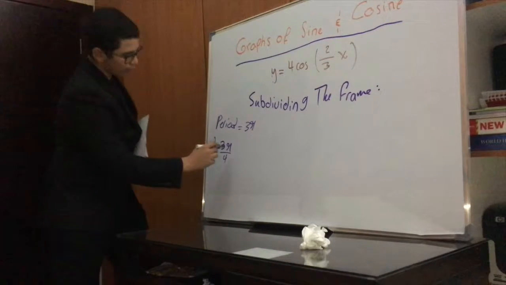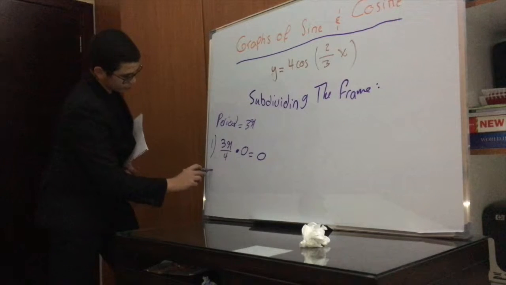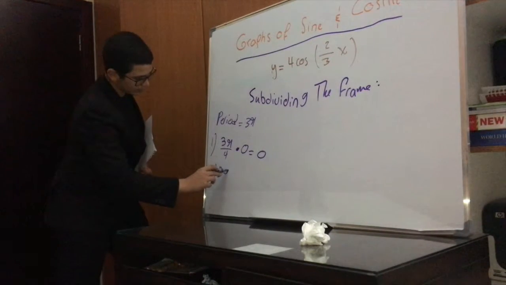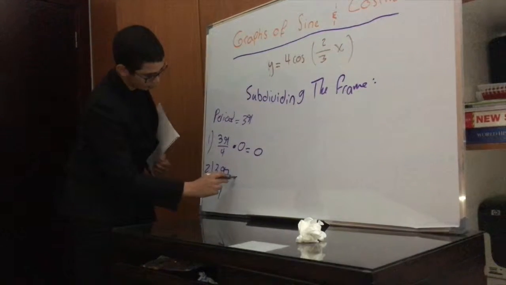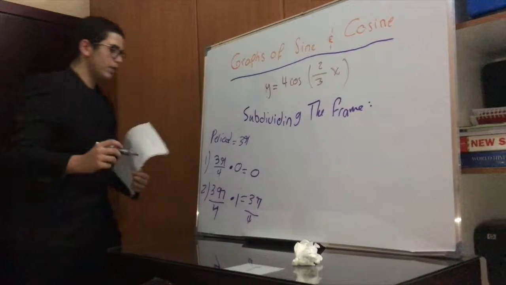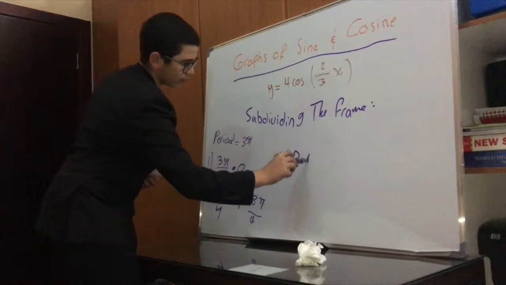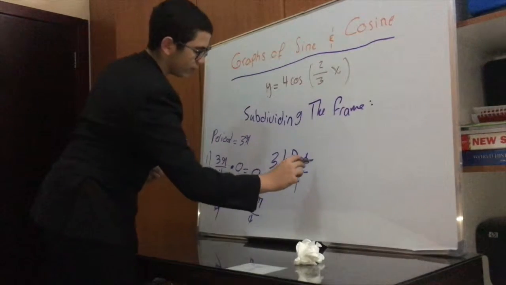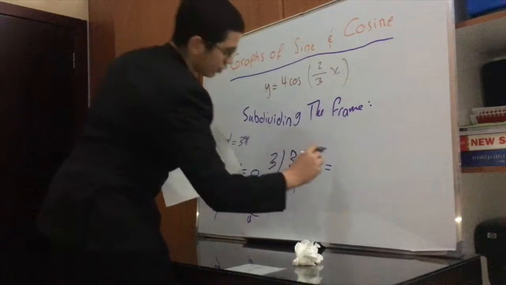So 3 pi over 4 times 0 equals 0. Then 3 pi over 4 times 1, which is 3 pi over 4. Then 3 pi over 4 times 2, which gives you 3 pi over 2.